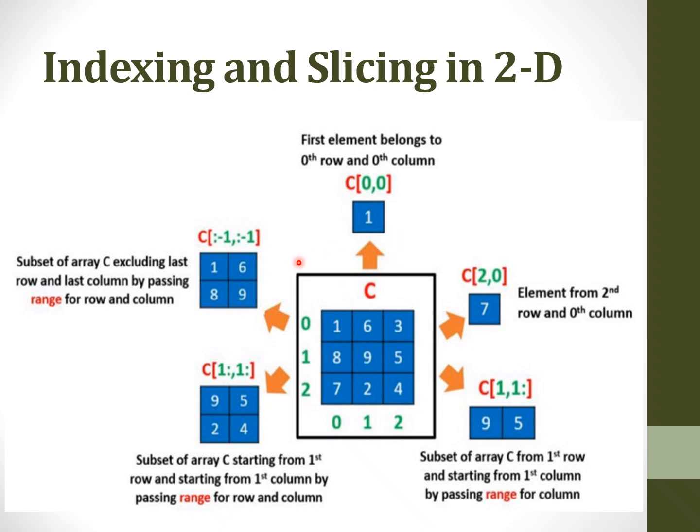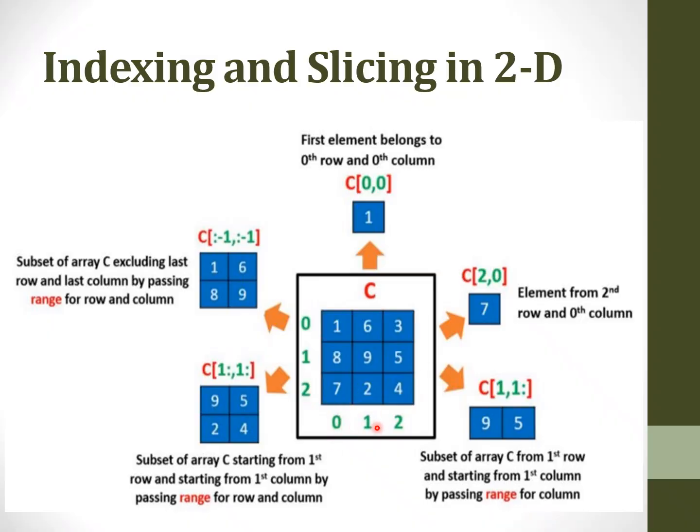If this is the C array, if you give C[0, 0], this element will be printed. If you give C[2, 0], 2 will be printed. Okay, C[2, 0], 7.